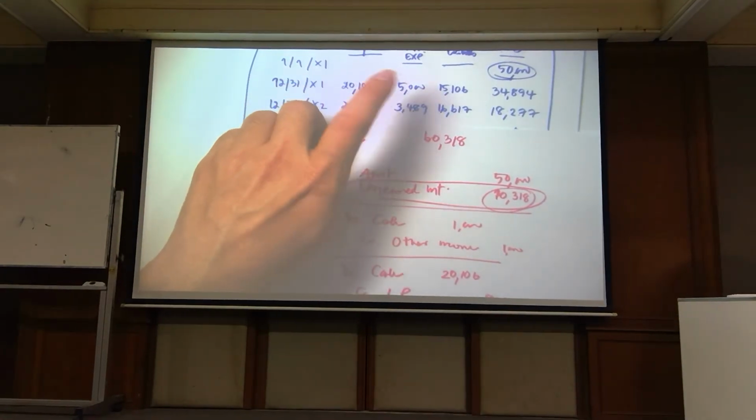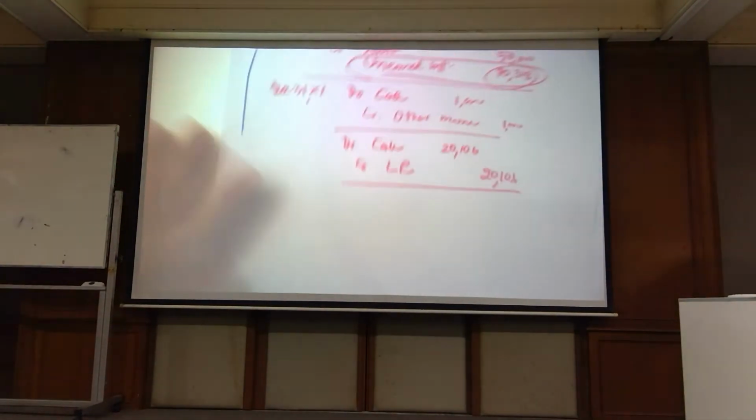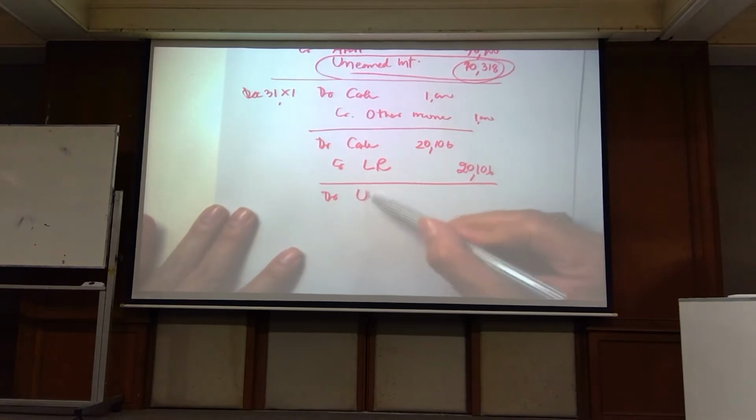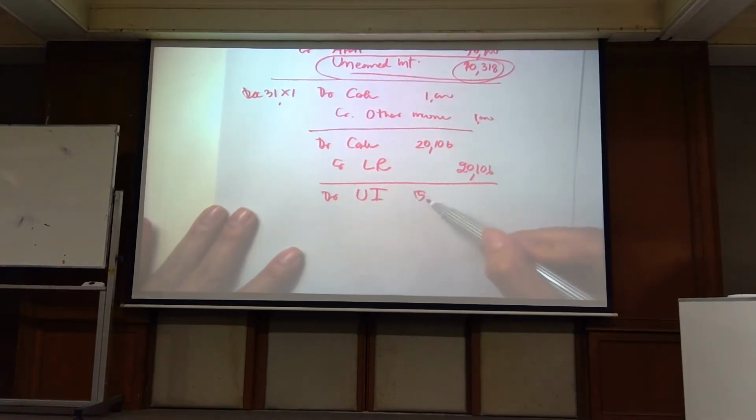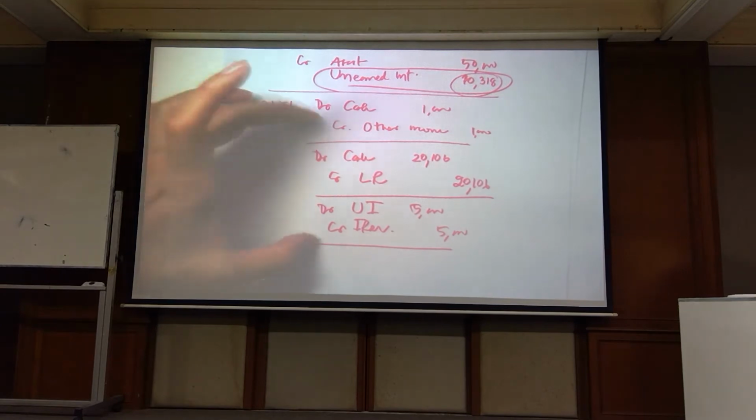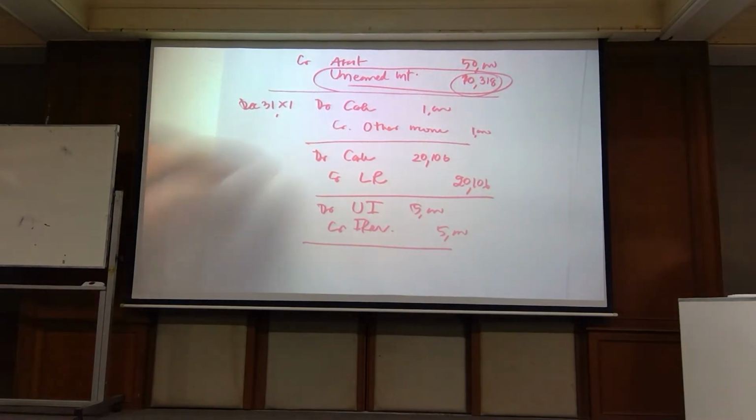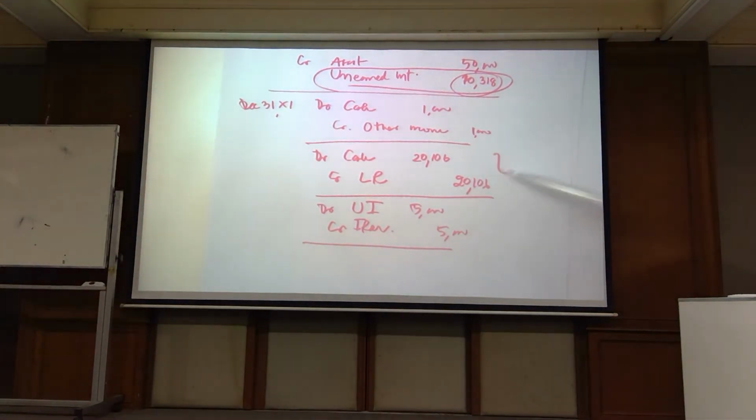And looking at the table, how much should I take? For 5,000. So that's why I debit unearned interest for 5,000 and credit interest revenue for 5,000. I just break the compound entry into 2 entries here.